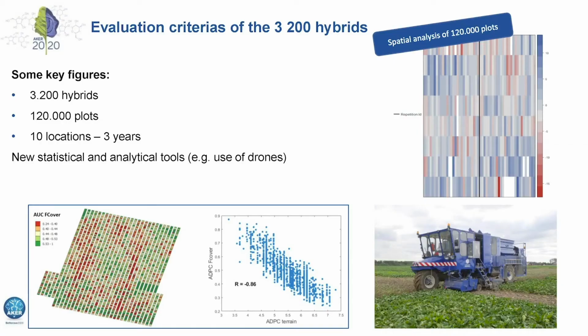The phenotyping of the 3,200 hybrids was made possible through the implementation of a multi-local, multi-year system with particular experimental designs in the fields. This is on a scale that has never been carried out before. 7-hectare plots, 120,000 plots in total, 10 experimental sites, 3,200 candidates with genetic commercial controls were added. 13 populations were tested in 2018 and 2019, and 3 populations for which crossbreeding was more complicated were phenotyped in 2019 and 2020.